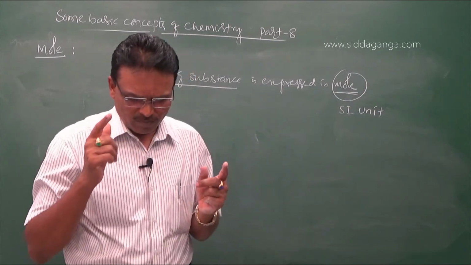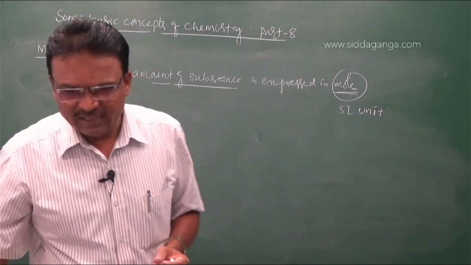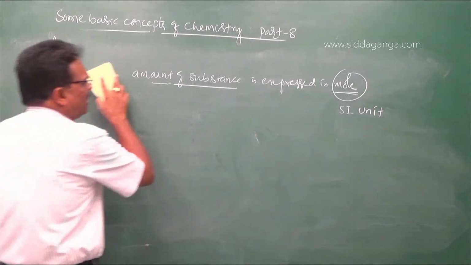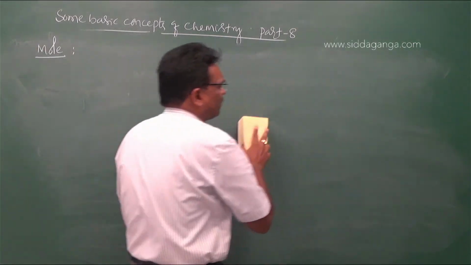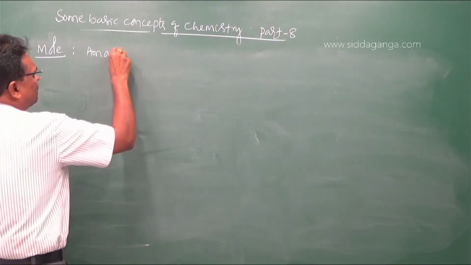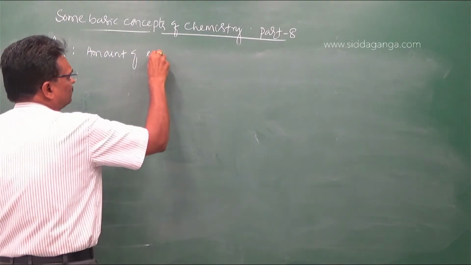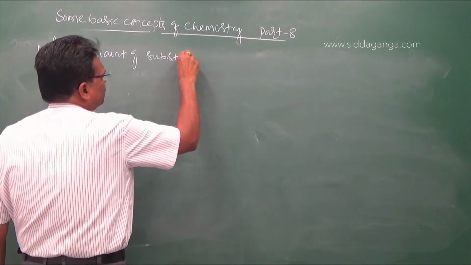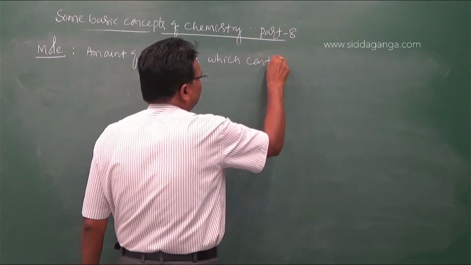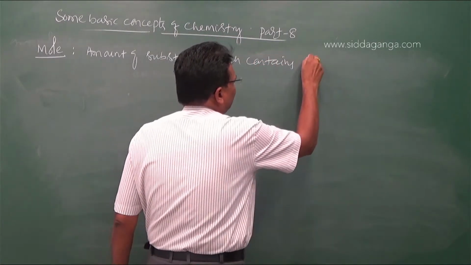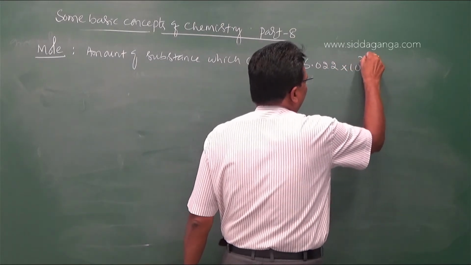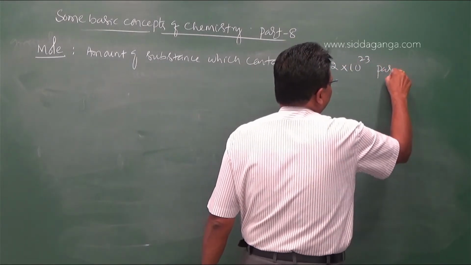Clear? So 1 mole is the amount of substance. Mole is the amount of substance which contains 6.022 into 10 to the power of 23 particles.